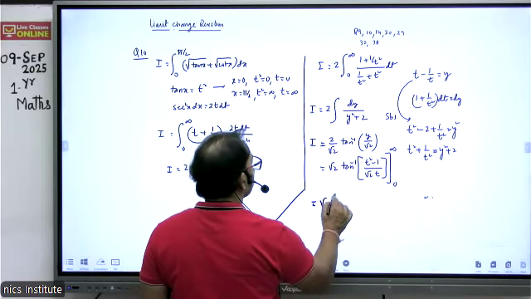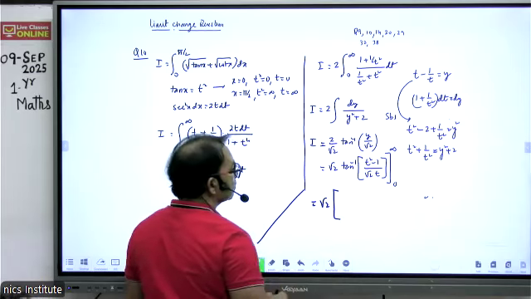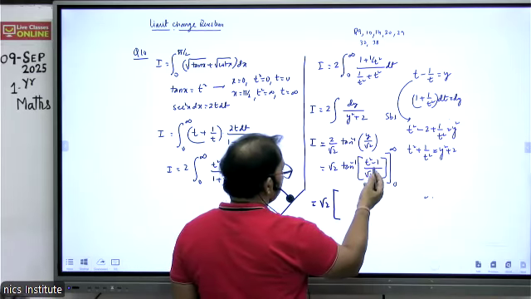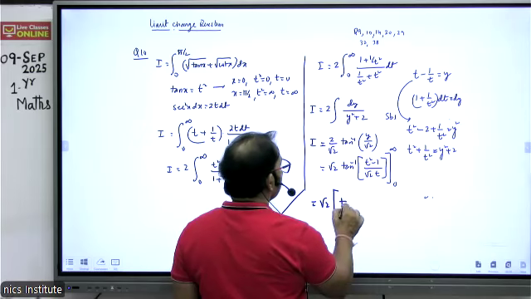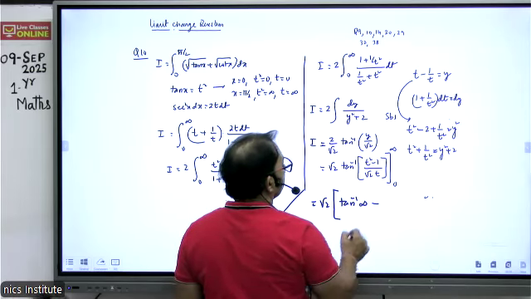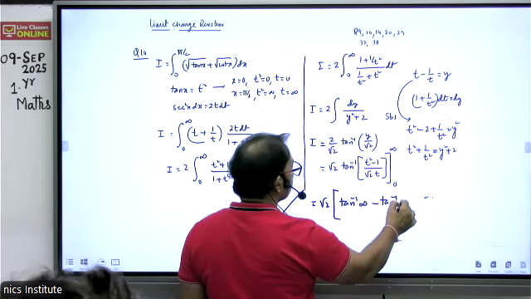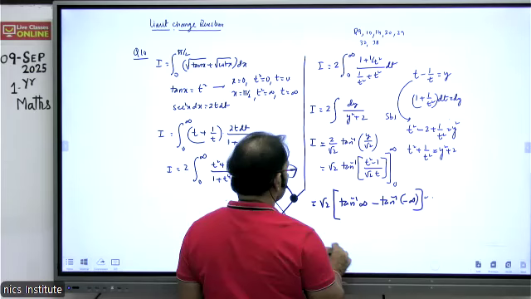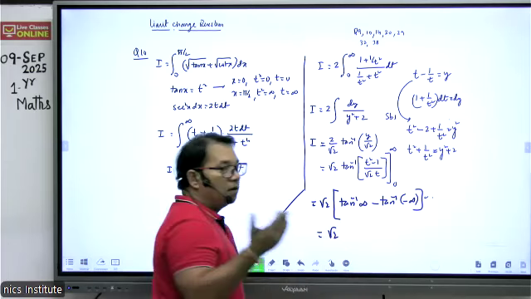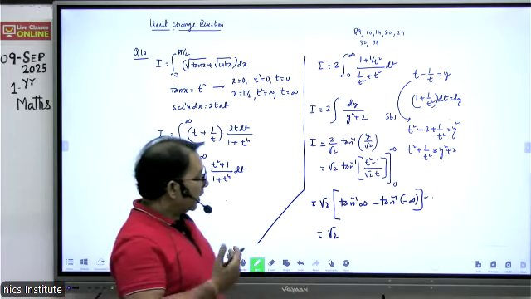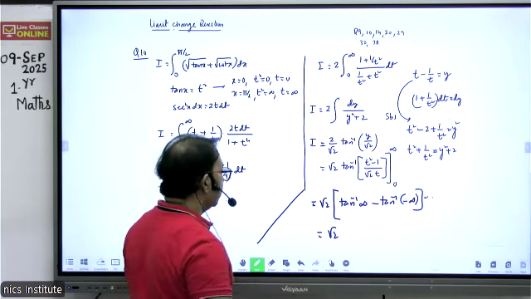When you substitute the upper limit, infinity square is infinity, so it will be tan inverse infinity. Minus sign, when I substitute 0, it will be minus 1 by 0. Any finite number by 0 is infinity. So minus 1 by 0 would be minus infinity.